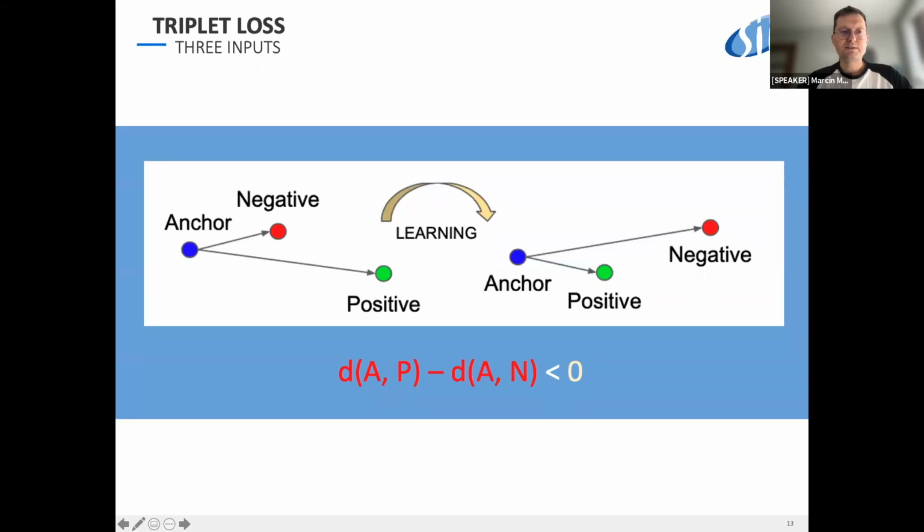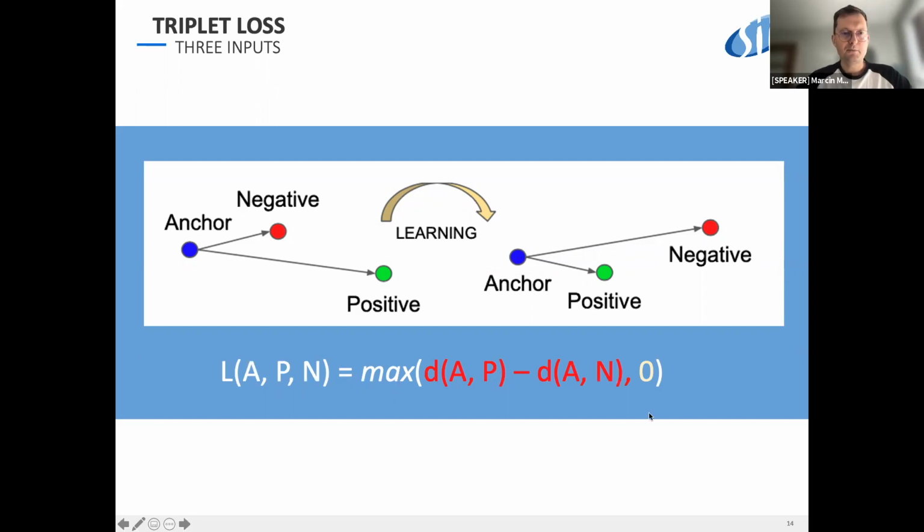And what we try to do with the help of triplet loss is satisfy this equation. It means we try to make the distance between the representation of the anchor and the representation of the positive smaller than the distance between the anchor and the negative. And this might be converted to the following optimization problem.